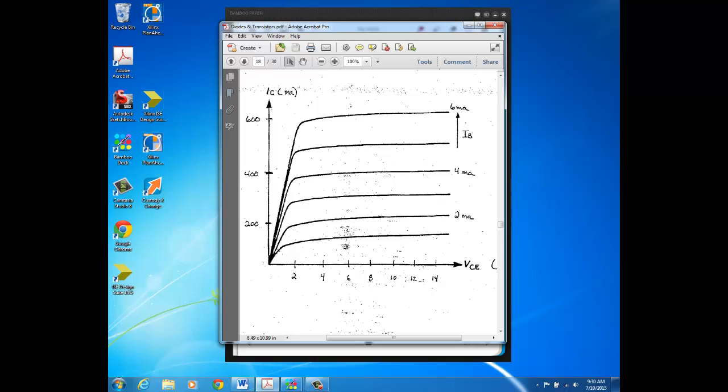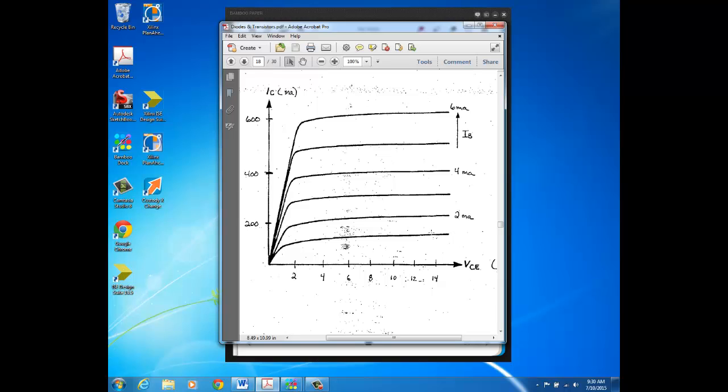So all along this curve here, you have a base current of 2 milliamps. Here where it's relatively flat, and then here where it dips down, all along that curve is 2 milliamps. Likewise, all along this curve is 4 milliamps, 6 milliamps. See, there's really an infinite amount of base current curves, and only a handful or so are being shown in this diagram.